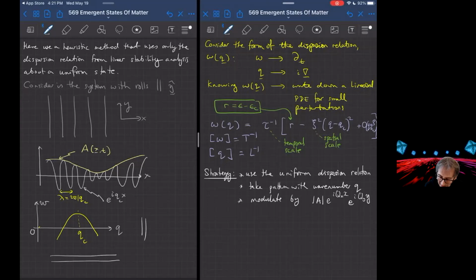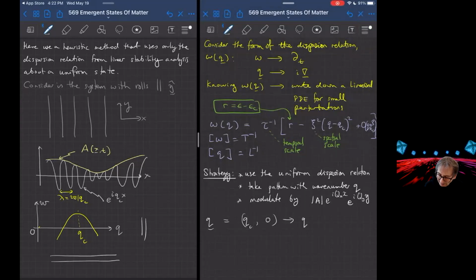So we're going to apply this perturbation to our pattern. What that means is that when we write down the vector q as qc and 0, that's how it started off, it's going to become, under this modulation, q equal to qc plus qx, and then 0 plus qy.